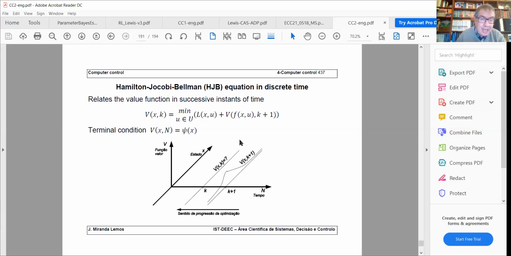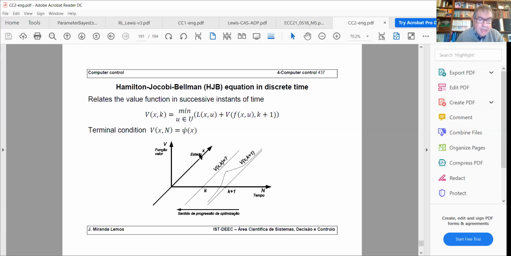Okay, and then you adjust the coefficients. You know that when you progress in time, the reward at different times is related by approximations of this Hamilton-Jacobi-Bellman equation. Okay, that's the idea.